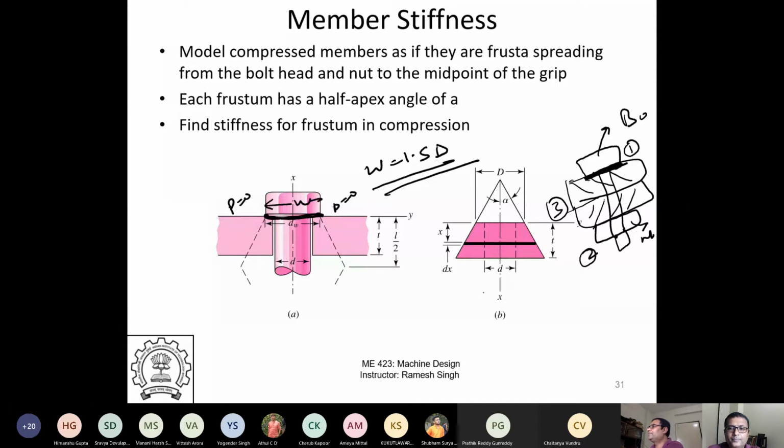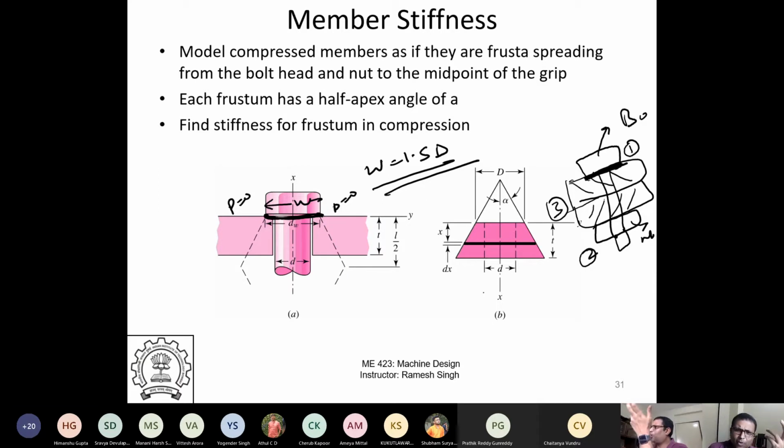Top, bottom, center, where will the maximum pressure be there? Any guesses?